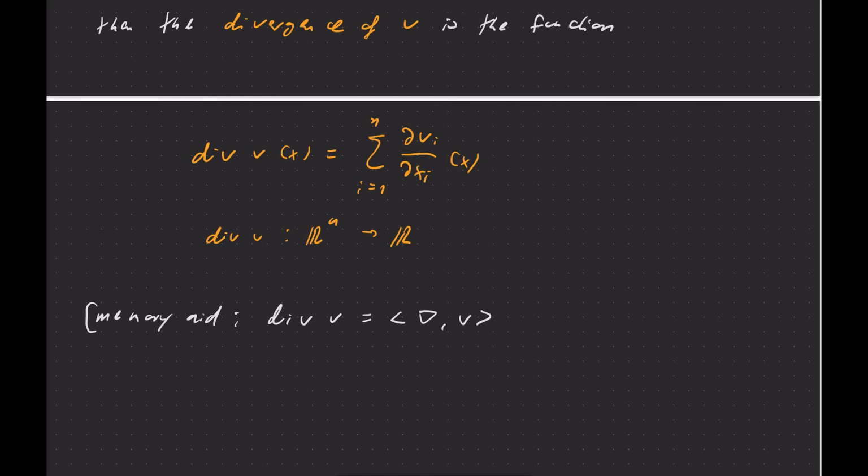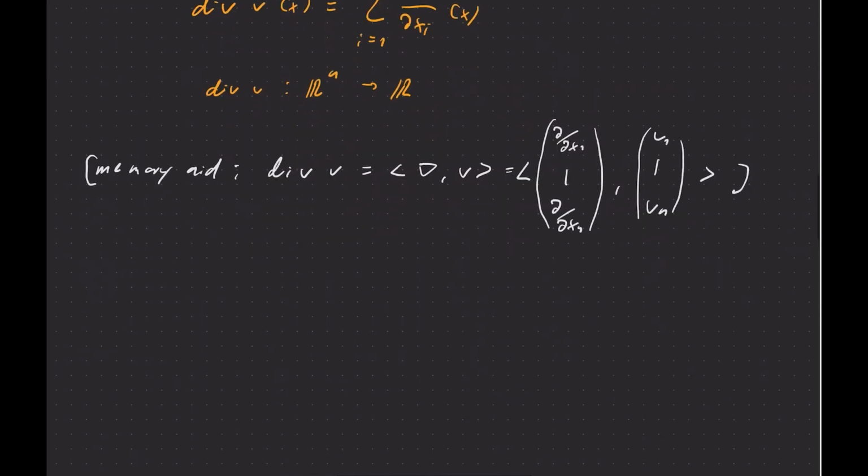So you apply that operator ddx1 to v1, you apply ddx2 to v2, and so on up to ddxn, which you apply to vn. Okay, so that can be used to remember what the divergence of a vector field means.